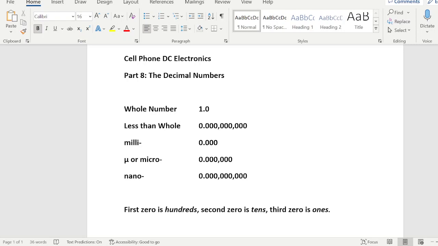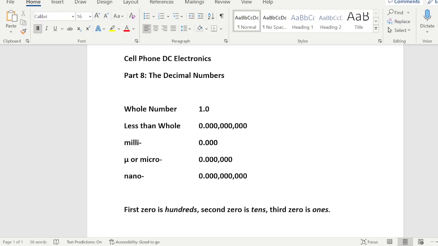For nano, if you had 0.0000001, that's 6 zeros and then a 1, you have 100 nano of something. So if it was amps, you would have 100 nanoamps, which isn't a lot. That's not enough to charge really anything or to power anything.